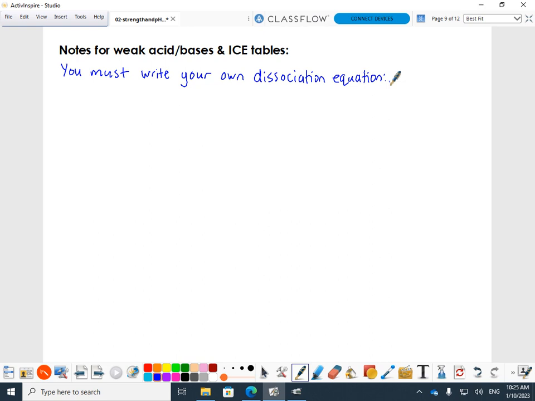So when you do the dissociation, technically it's going to be either the acid or the base, which you'll be given the formula of, plus water. But because water is a liquid and we're going to cross it out in the ICE table, sometimes you'll find it's missing and sometimes it's included because it doesn't really matter. We're going to cross it out anyways. And sometimes chemists are lazy.